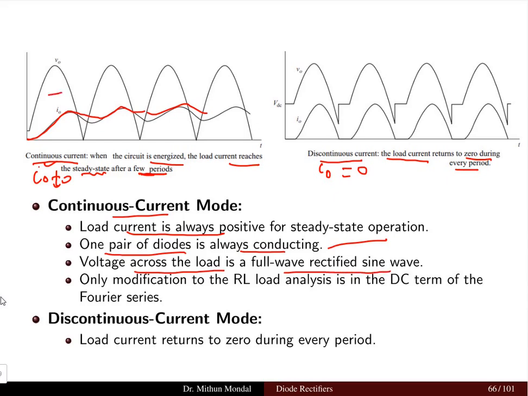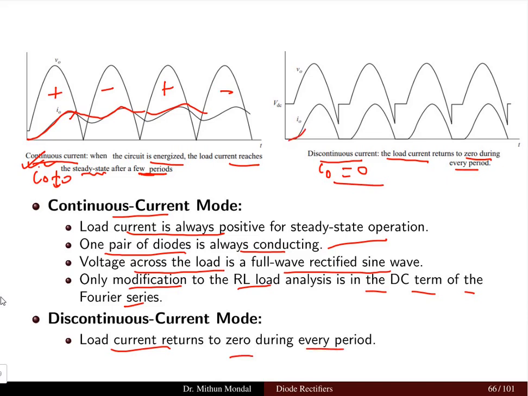So the voltage V0 for both half cycles is the rectified signal, and the only modification to the RL load analysis is in the DC term of the Fourier series. In the continuous current mode the current is positive, and in the discontinuous mode the load current returns to zero during every period.